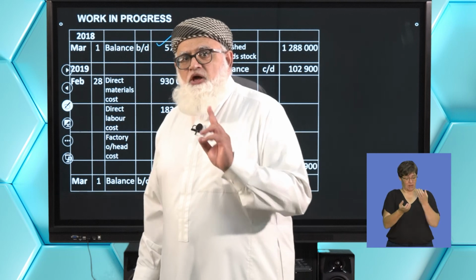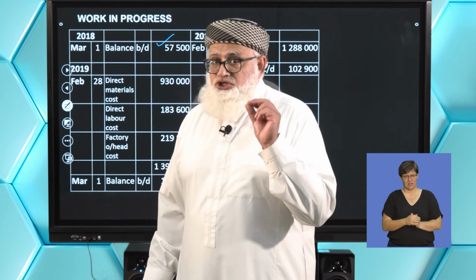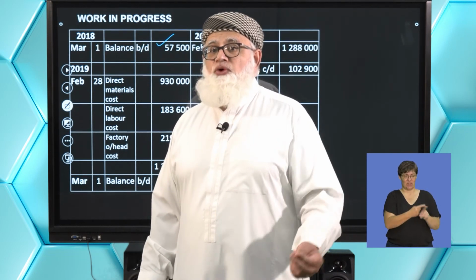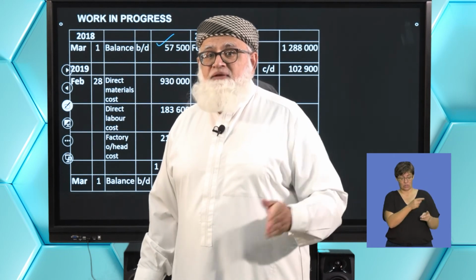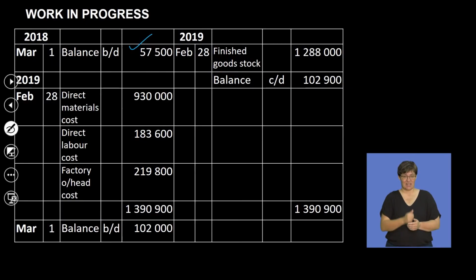Opening balance given. Next, you already know that the figure which relates to the materials that were used, in other words, from your raw material stock account into your direct materials, and from your direct materials into your work in process, there's the 930,000. Clearly you can see that that is the 930,000 Rand for the value of your materials that were used.